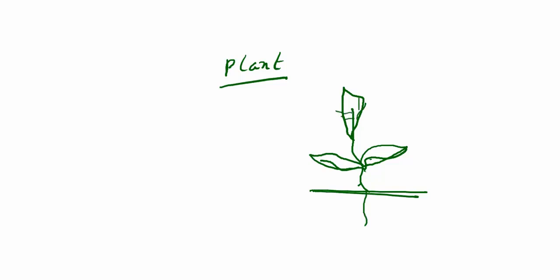So let's say the cow has eaten away this entire portion. When that happens, you can see the plant is left with some portion of stem. This is going to give rise to the leaf again. The leaves will slowly develop and it's going to become the complete plant gradually.